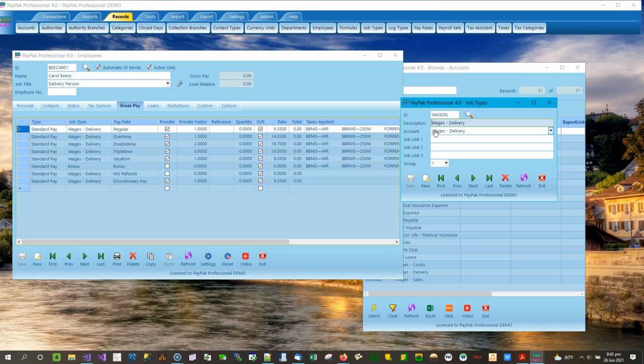So therefore, if a person is being paid, let's say they're being paid $400 and there's no tax, no deductions, just a basic example. They're being paid $400 a week. The job type here, which is wages delivery, would generate an entry for the $400 which debits that account.